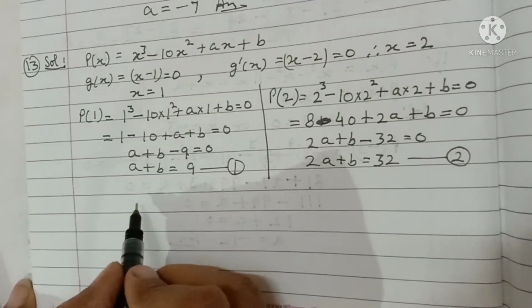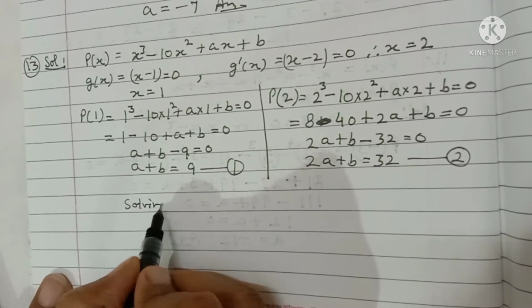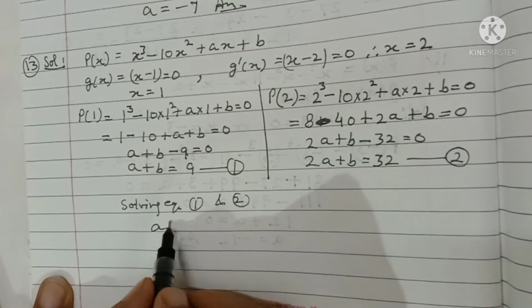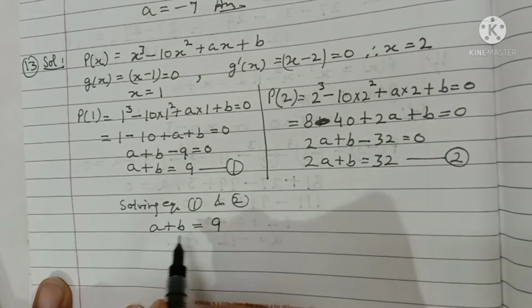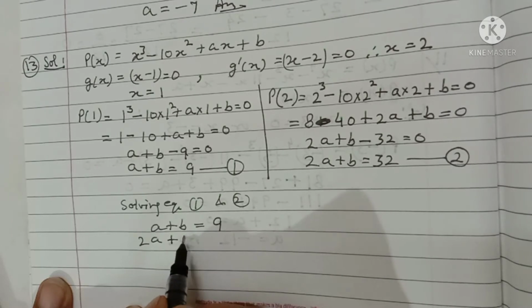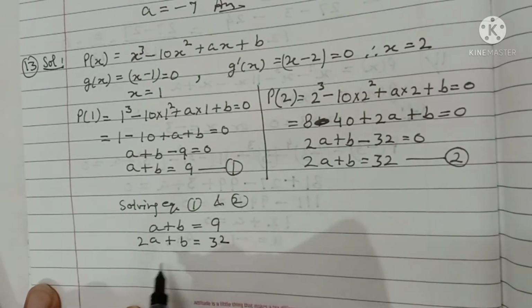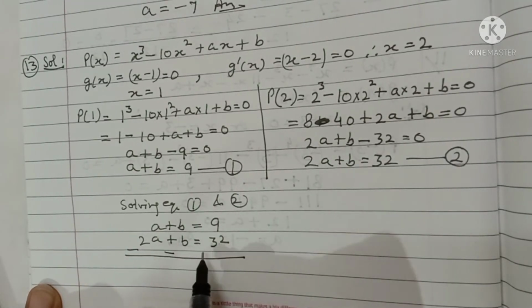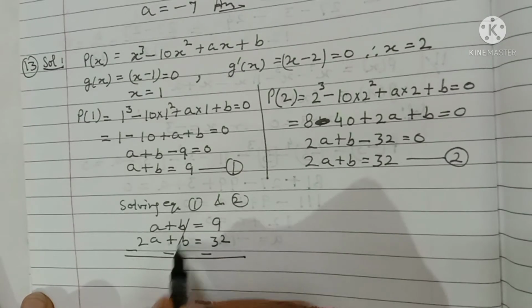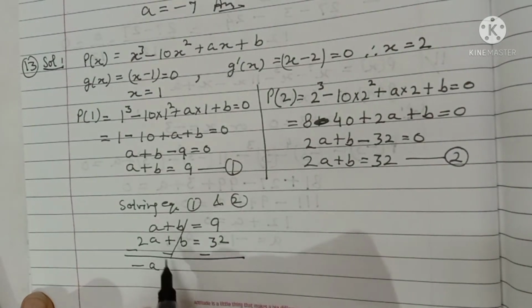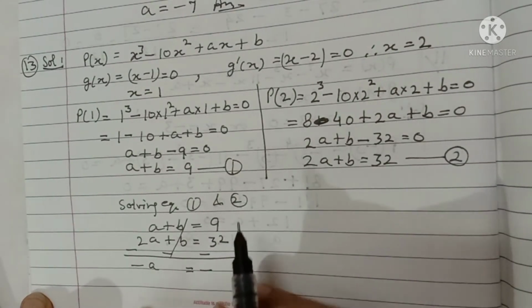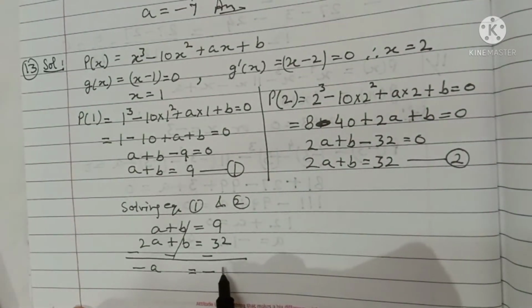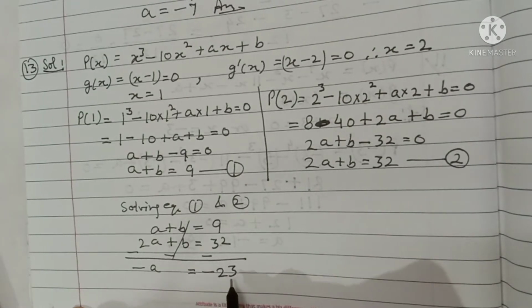On solving equation first and second: a plus b is equal to 9 and 2a plus b is equal to 32. Now change the sign, minus, minus, minus, so cut, you will get minus a is equal to 9 minus 32, you will get minus 23.